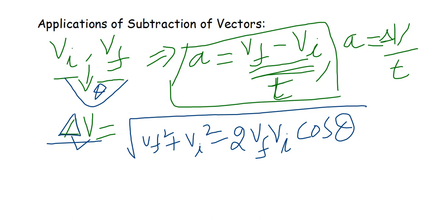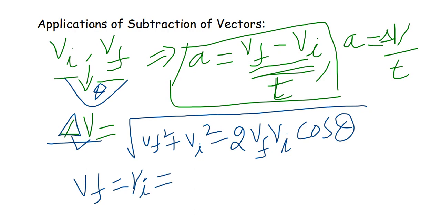One condition is there. Suppose that Vf is equal to Vi, that means the magnitude of Vf and the magnitude of Vi is the same.